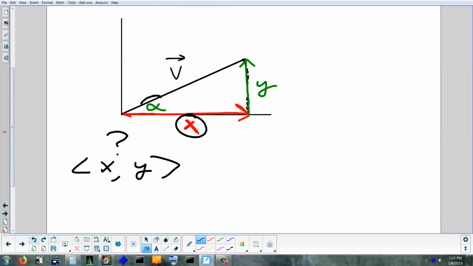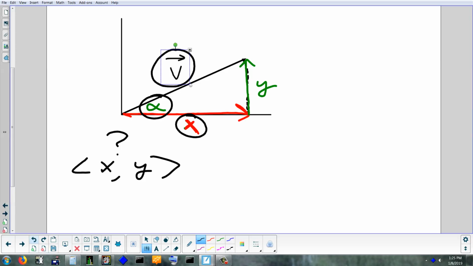I'm going to circle this, this, and that. The side that I've labeled x, the side in red, what's the name of that side from the perspective of alpha? The choices are opposite, adjacent, or hypotenuse. It's adjacent. What's the side that's labeled v?